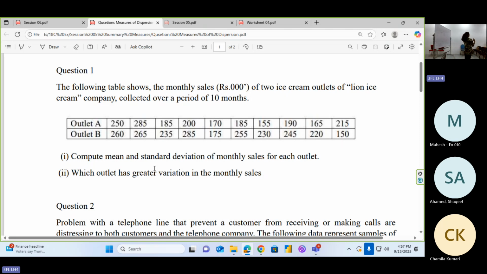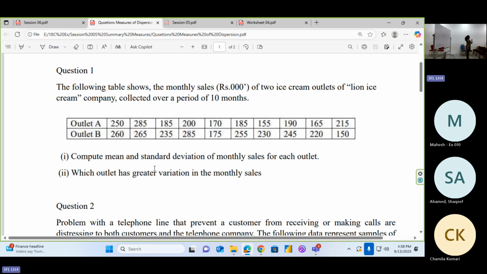More consistent sales means during these 10 months, the sales values stay around the average value. Understood? Consistency is high in that one. No huge deviation. It's clear?